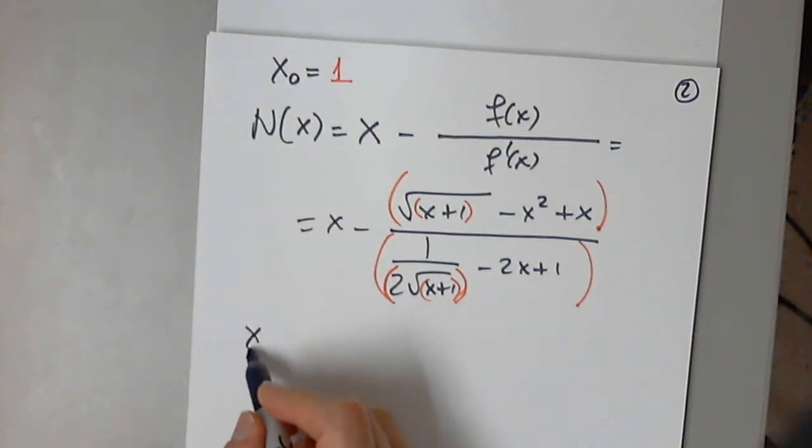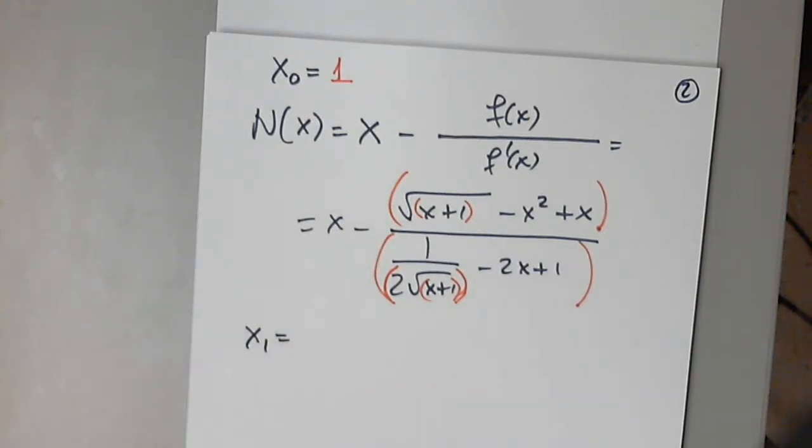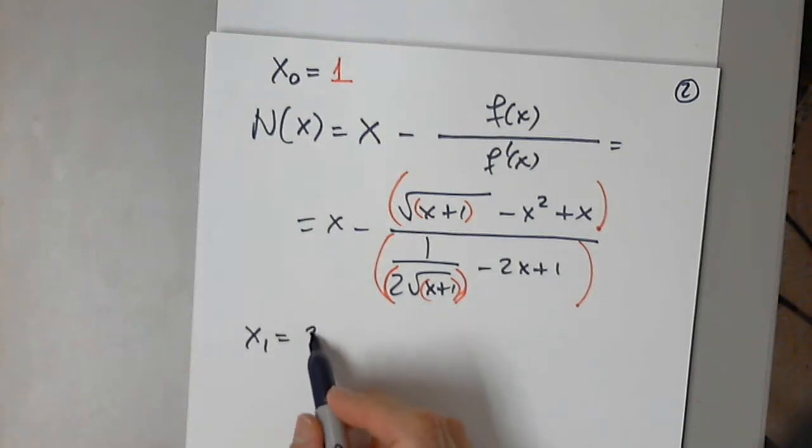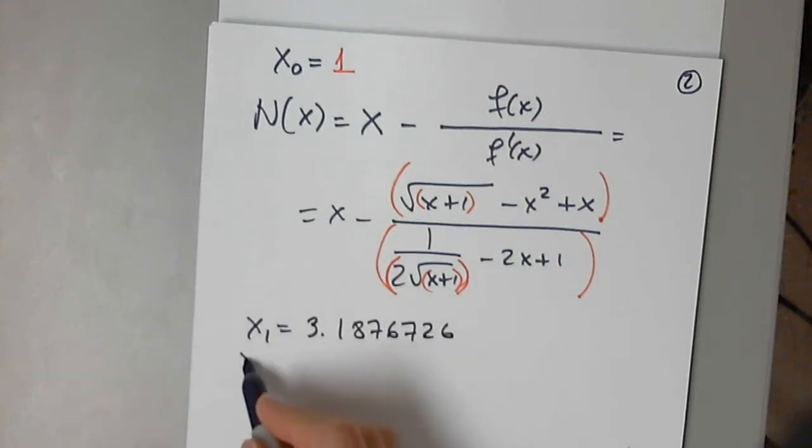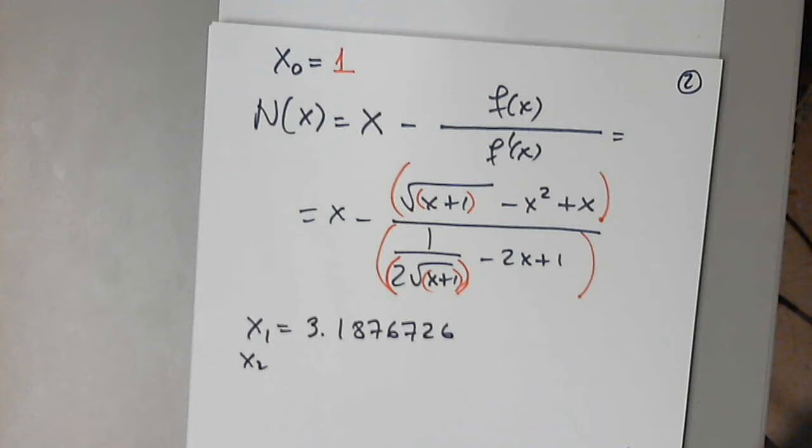But that's okay, as long as eventually it converges. So this is 3.1876726. And now I repeat, but I don't want f of 1, I want f of the previous answer. So I go back and change that to the previous answer, and I press enter.